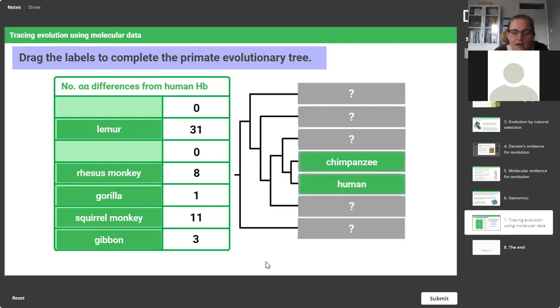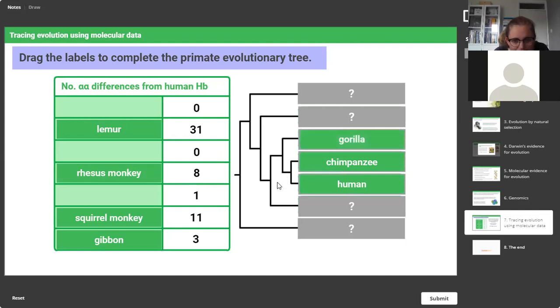So then the next one, with anything slightly different, is a gorilla, and they have one difference. Okay. So here we've got a common ancestor. We don't know what the common ancestor is. We also have this link here. So we would go with gorilla over here.